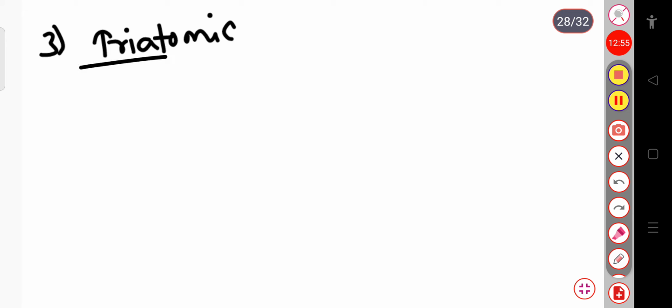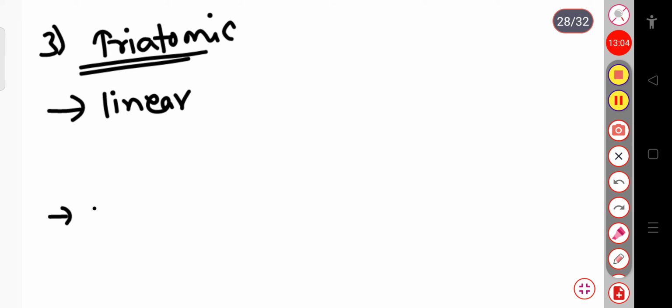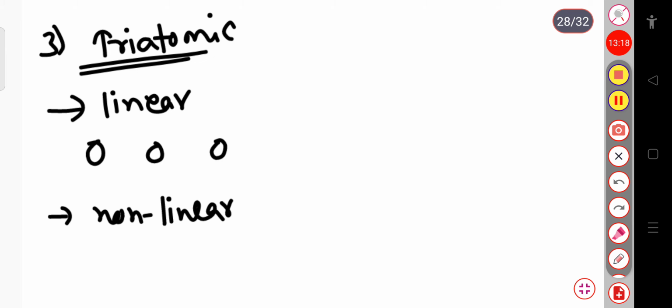Okay. For the triatomic molecule, there are two cases. One is linear molecule and another one is non-linear molecule. So in case of linear molecule, triatomic means basically there are 3 atoms. But this is the linear case. In the linear case, these are 3 atoms and they are attached in this way.